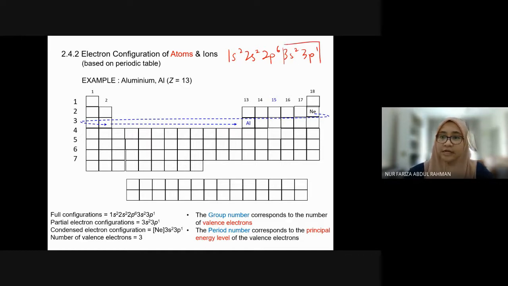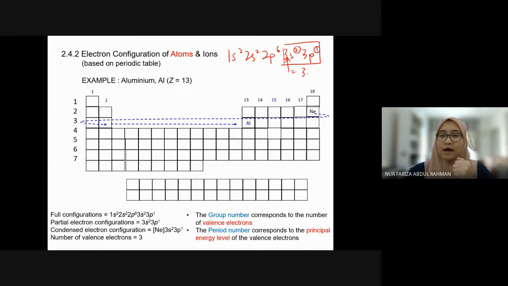Based on the value of n, the highest is n equal to 3. What we do next is total up the number of electrons in both sub-levels. 2 plus 1 is equal to 3. So the valence shell has 3 valence electrons.